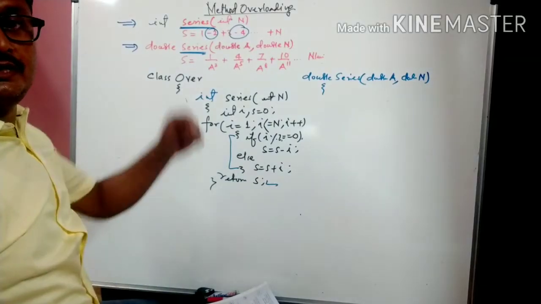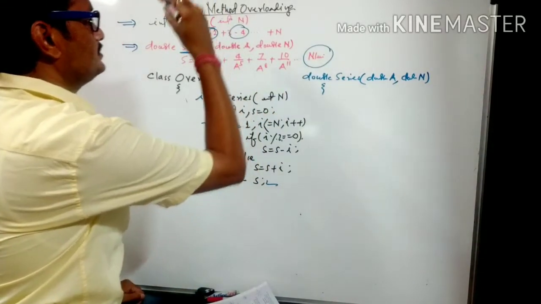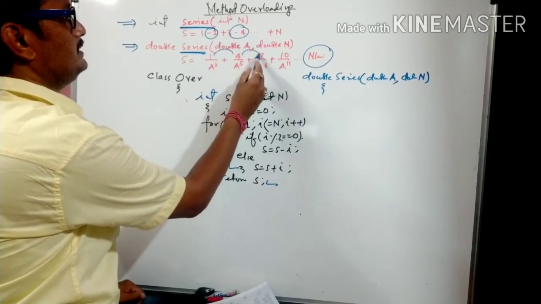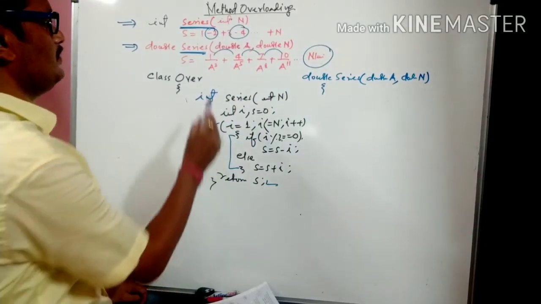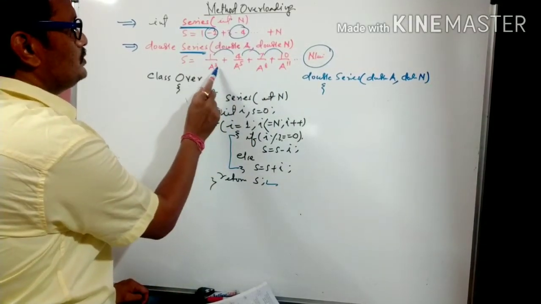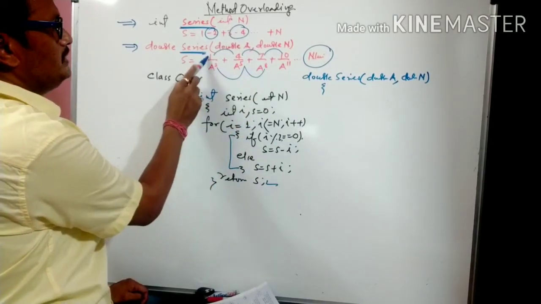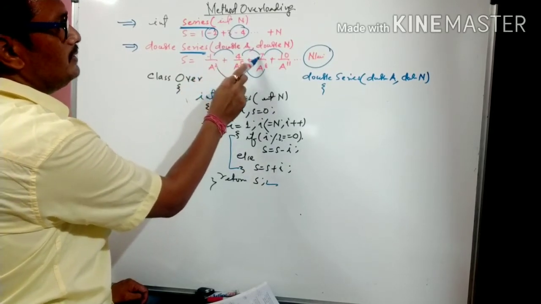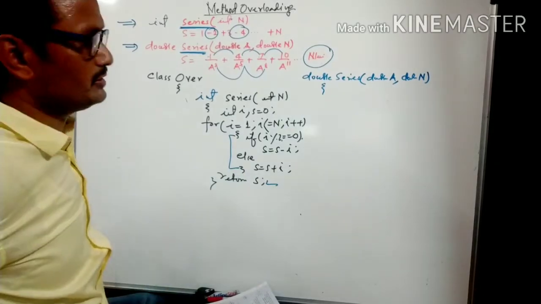Now when you see carefully, the first n terms are 1 plus 3 4 plus 3 7 plus 3 10, isn't it? The increment is 3. There are many ways to do this, and you can take multiple initializations.